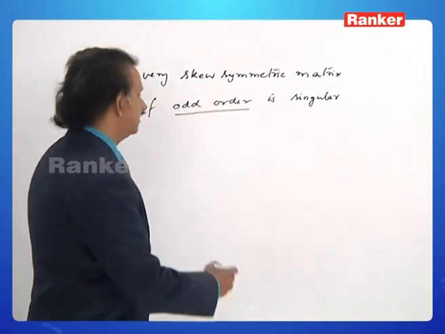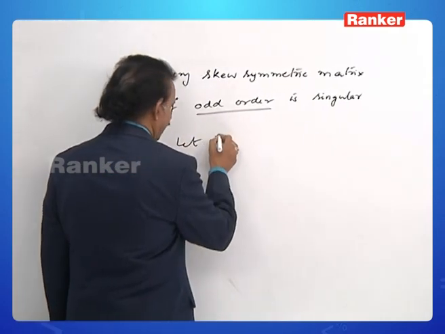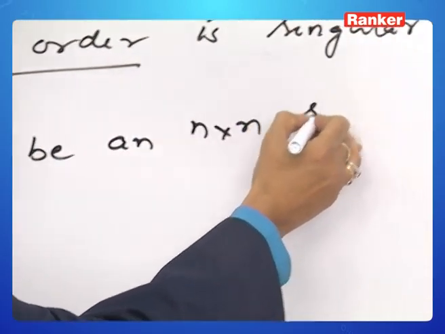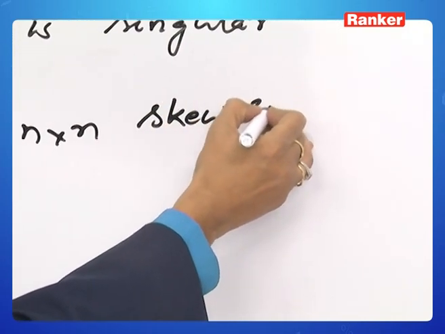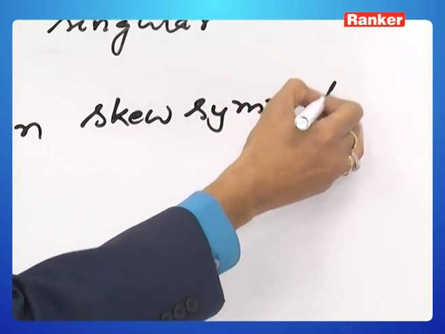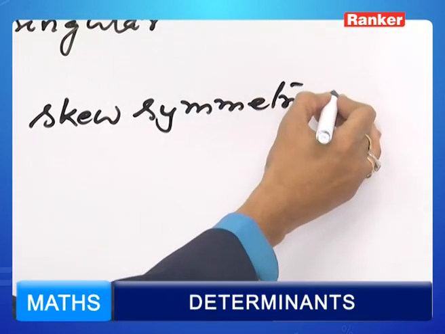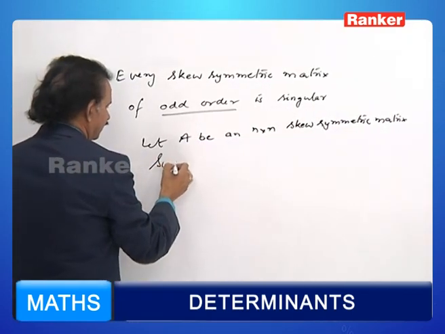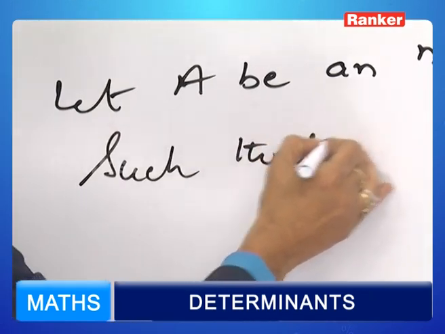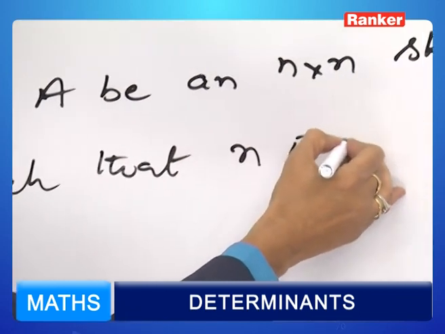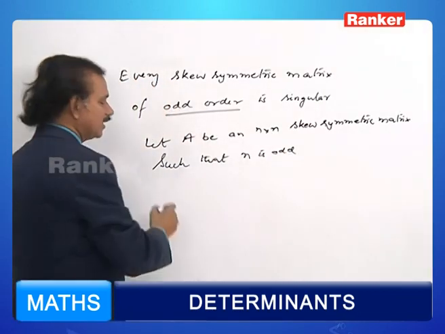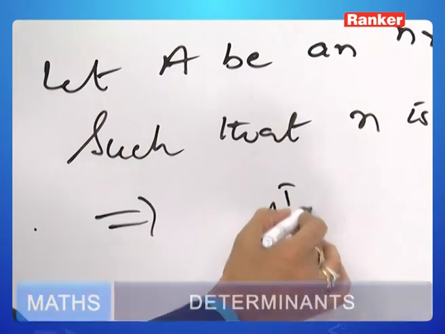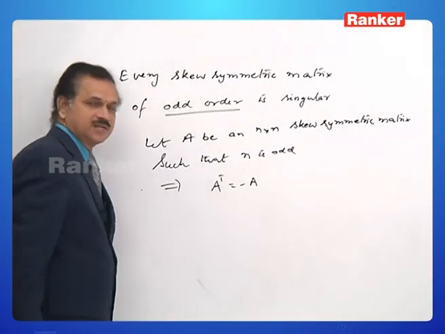Simple steps. Let A be an n by n skew symmetric matrix such that n is odd. Implies A transpose is equal to minus A, isn't it?